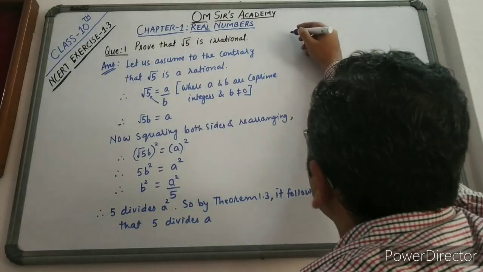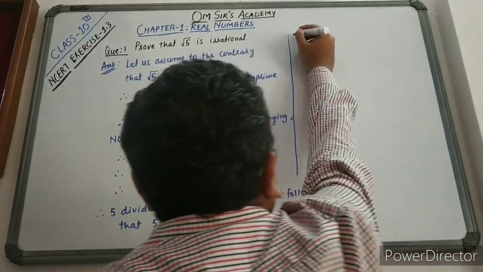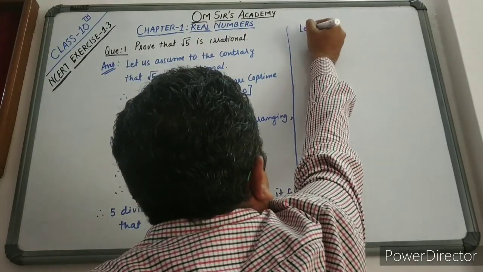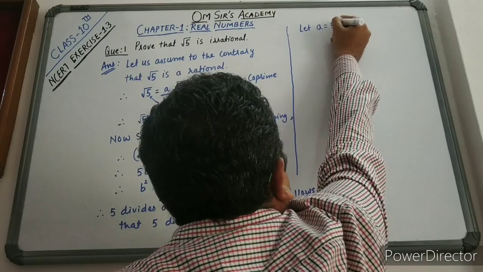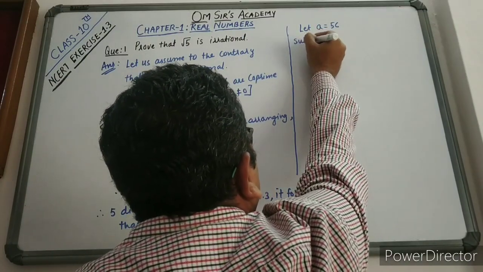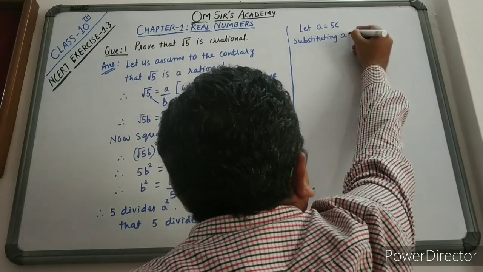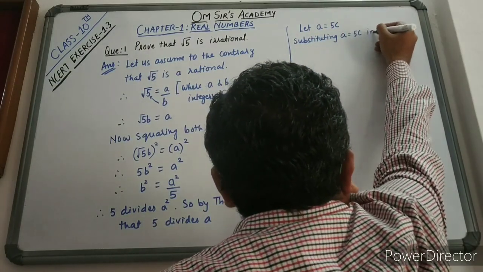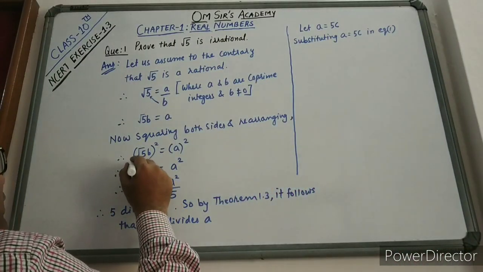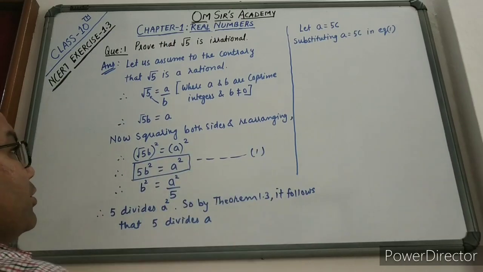So therefore let a equals to 5c. ठीक है, now substituting a equals to 5c in equation 1. What was my equation 1? This is my equation 1.